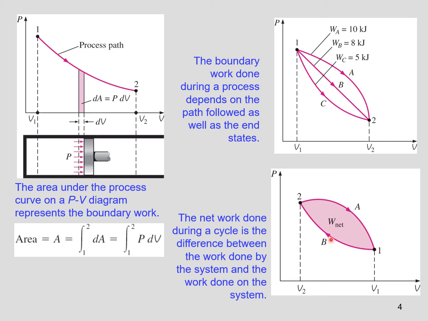It takes an amount of work to do that, and then at point 2, the gas vapor is ignited, and the piston goes back up, following the path from 2 to 1. In that case, the engine does work. So the difference between the two is the net work done by the automobile engine.